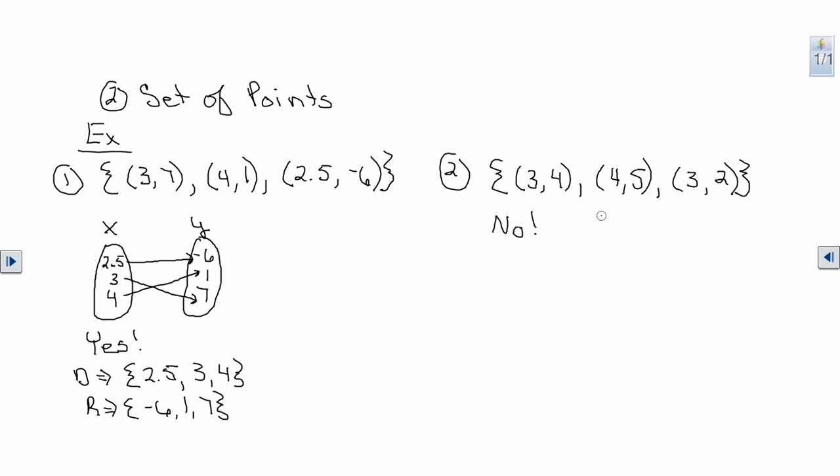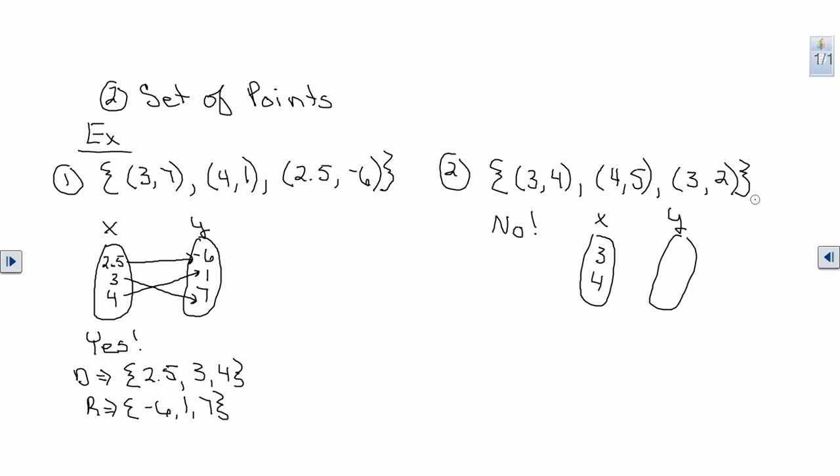If I were to map it, smallest number is 3, followed by a 4. I don't put the 3 down twice, even though there's 2 different points. You'll remember that from when we were mapping and going to a set of points. I'd have to write it twice. Here I don't. You just write it once.